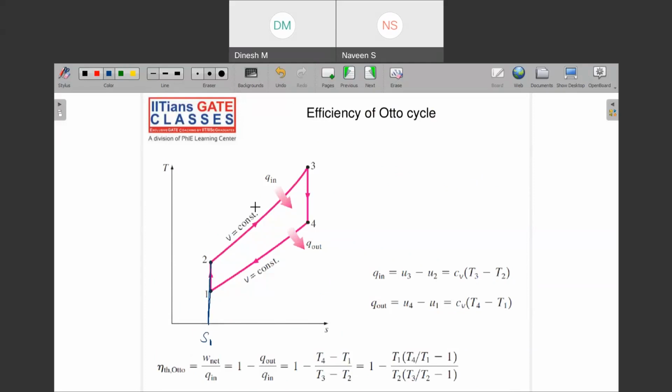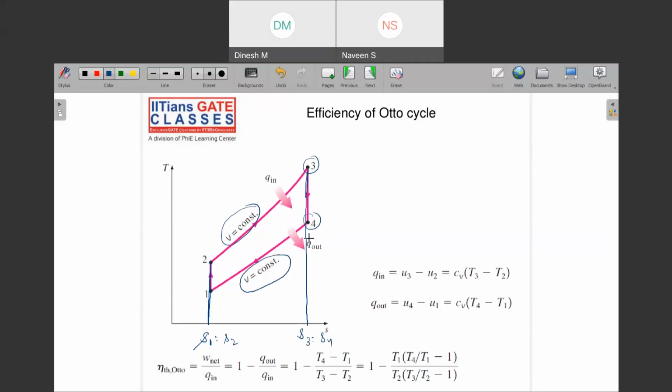Similarly, then you are adding heat at constant volume, you reach 3. Then 3 to 4 is isentropic expansion. Can you see that 3 and 4 are one line only? At this point S3 is equal to S4, here S1 is equal to S2, right? And then you are rejecting heat at constant volume.